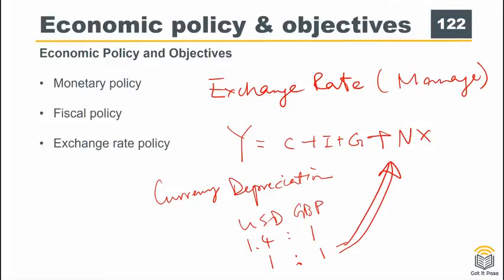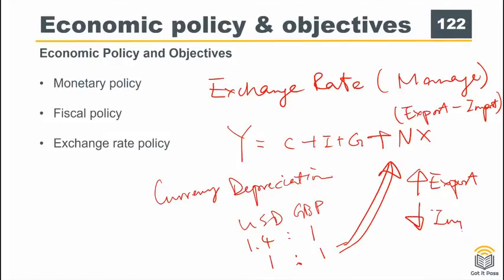Net export means export minus import. If the exchange rate depreciates, then in general exports will increase or imports will decrease, or both happen, right? So net export in general will increase. Then what's the impact on Y? The total GDP will go up.